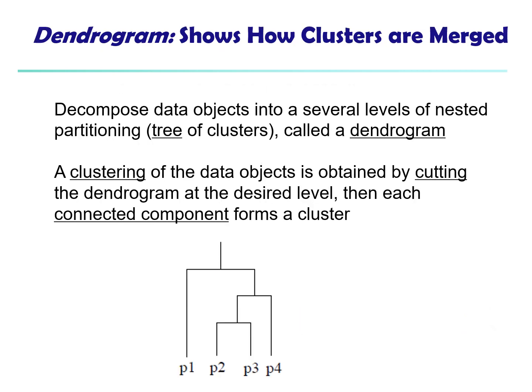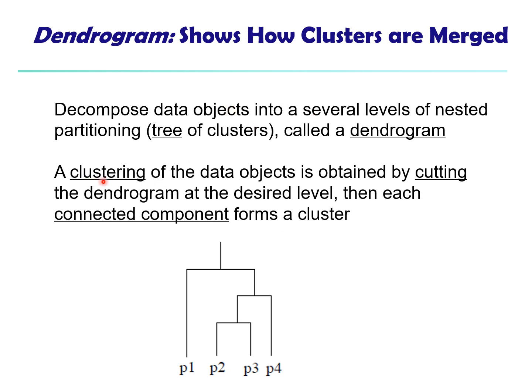The dendrogram is a clustering diagram that we will view in a minute, but for now, it's a tree-like structure for representing clusters, and it decomposes the data into several levels of partitions.